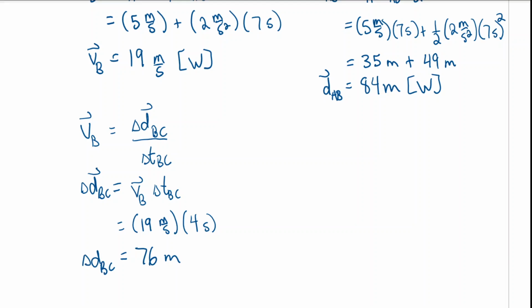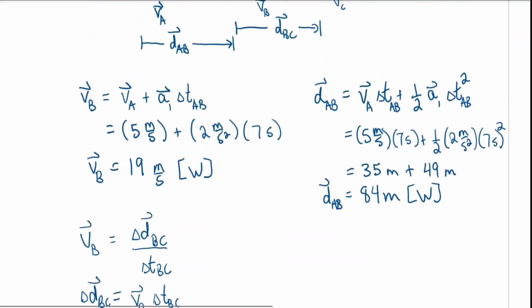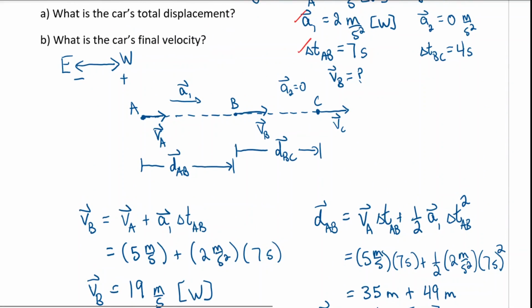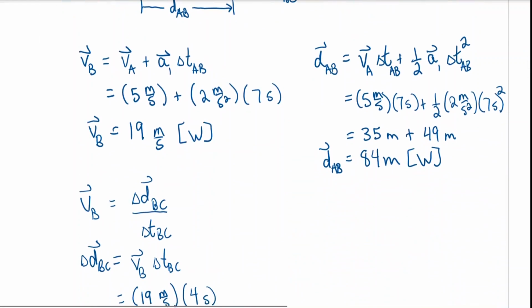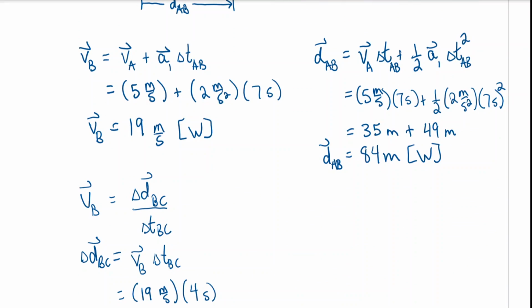This is a displacement, so let's put in our information here. Okay, so we're now ready. If we're looking at the big picture here, we figured out what our displacement is from A to B. We figured out what our displacement is from B to C. So we're just going to add those two together to get the overall displacement. So my displacement from A to C is going to be the sum of my first interval plus the second interval.